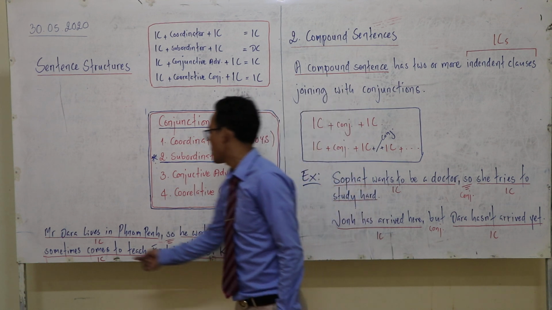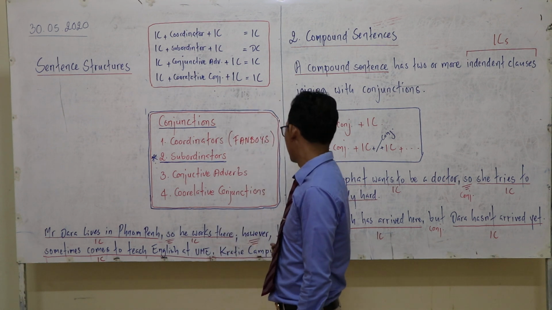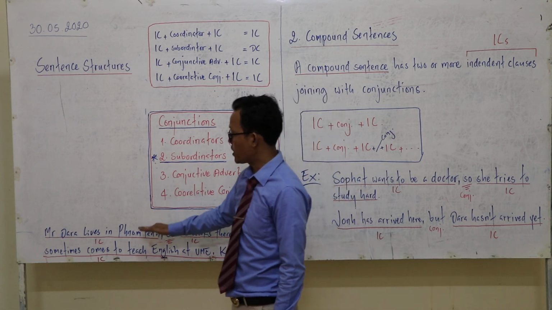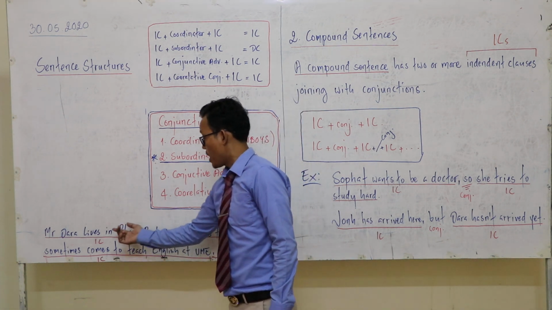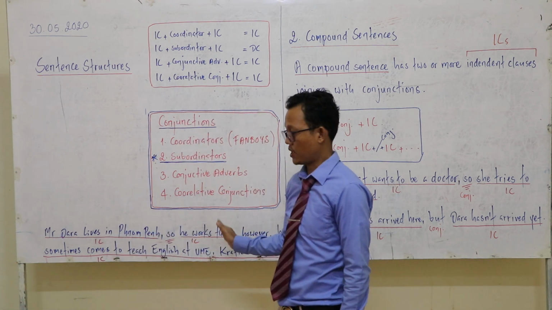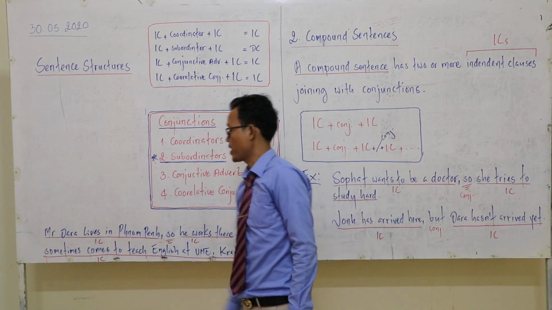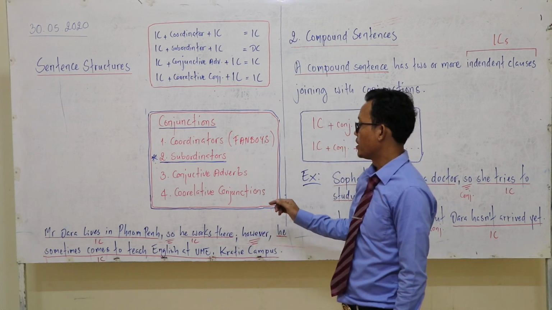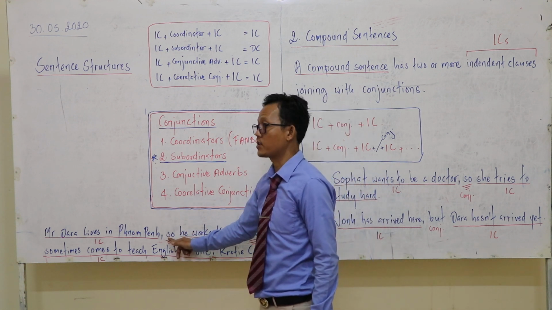And he sometimes comes to teach English at UME, Creative Campus, another IC. So in this compound sentence, there are 3 clauses, I mean 3 ICs. No DC in this, just only IC, IC, and IC. So there are 3 ICs in this sentence, joined with a coordinator, or we can say joined with conjunctions.